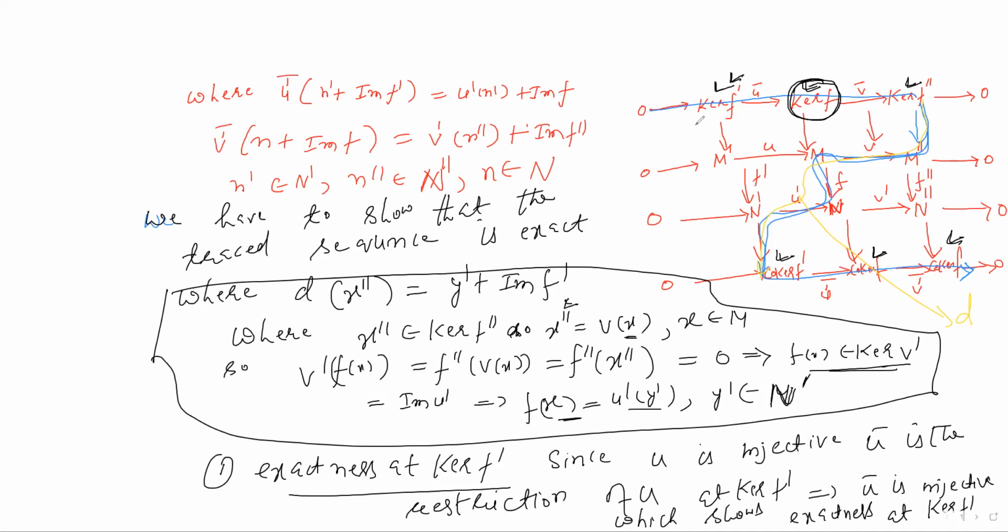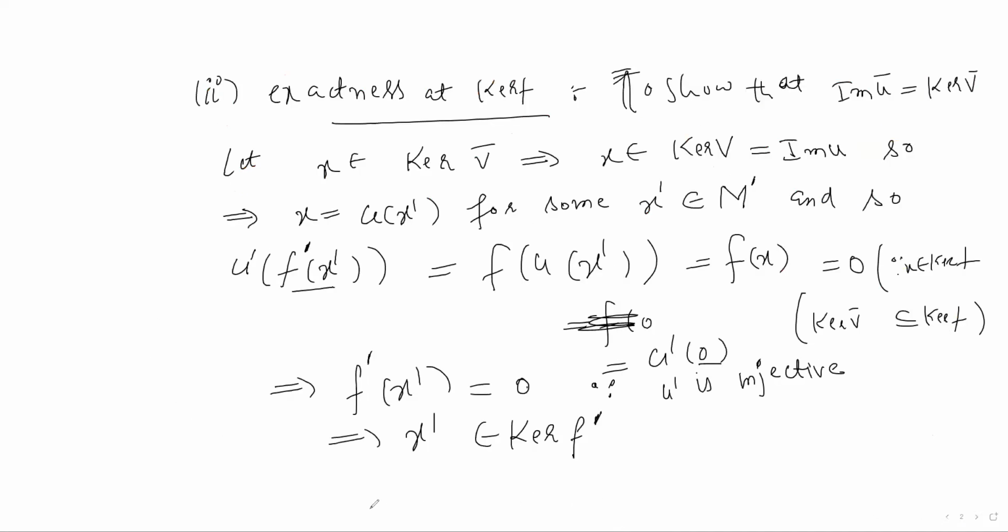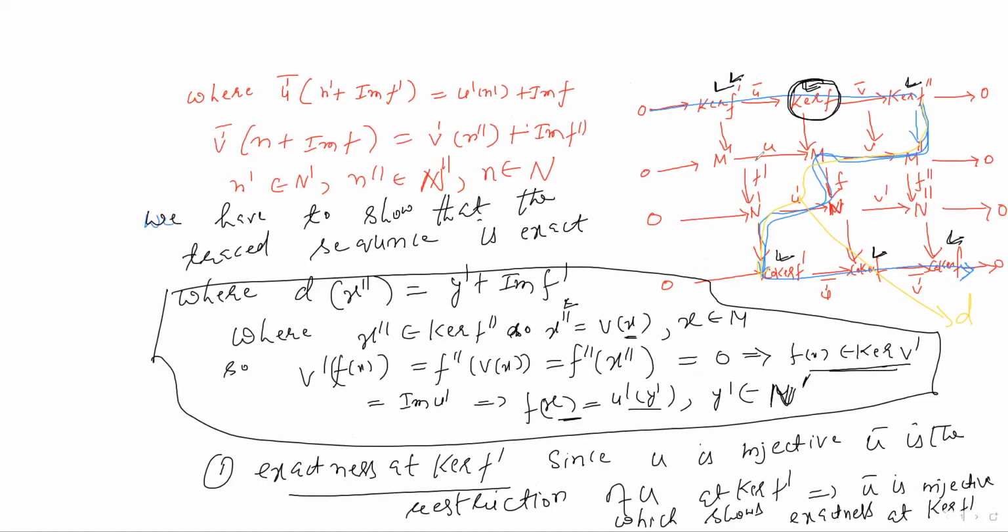तो x dash आपको domain of u bar में मिल गया. Okay, so this means x, which is u x dash, and u x dash, जब आपको x kernel of f dash में मिल गया तो kernel of f dash पे u और u bar same है, because u bar is the restriction of u on kernel of f dash.